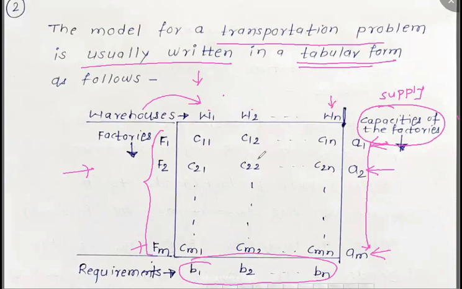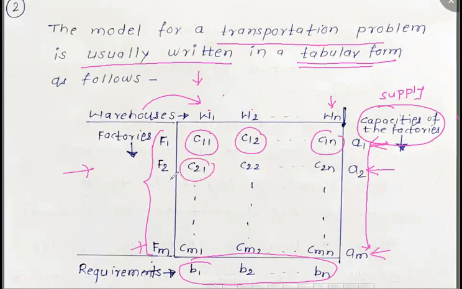In the matrix, C11 means the cost of transporting one unit from the first factory to the first warehouse. C12 is the cost of transporting one unit from factory F1 to the second warehouse, and so on. C1n is the cost of transporting one unit from factory F1 to warehouse Wn.